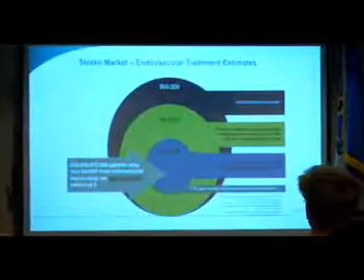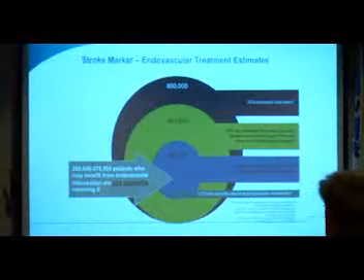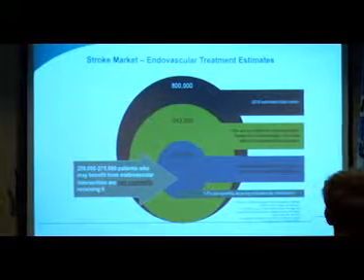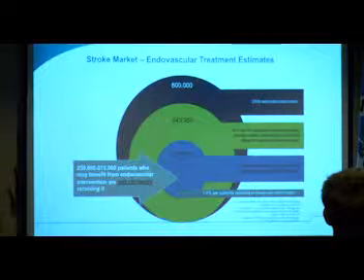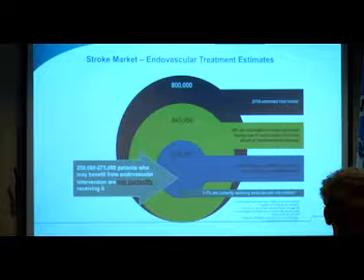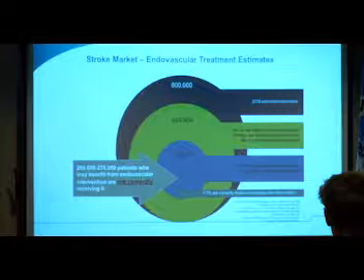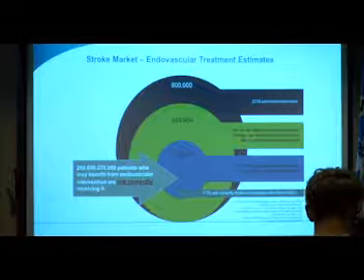So when we look at what we call the stroke market itself and focusing on the endovascular treatment, today's focus is sort of that FAST-ED score. And why did we even come to FAST-ED? It was how we are going to treat endovascular eligible stroke patients moving forwards.